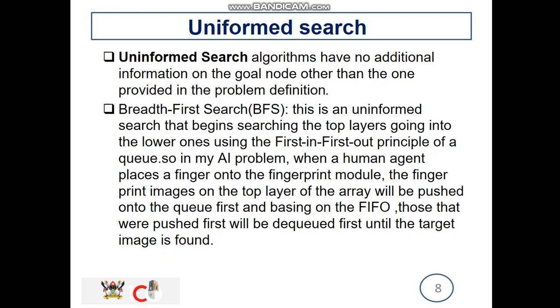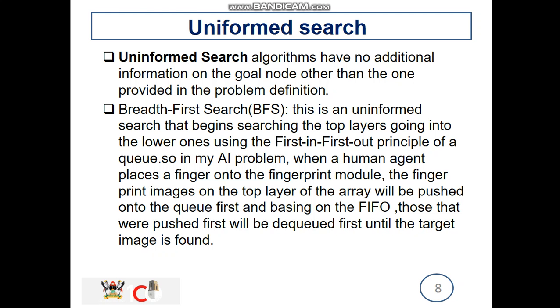Here I chose the breadth first search, and under breadth first search, the system begins with the top layers going into the lower ones. It uses FIFO, that is the first in first out principle of a queue. If I connect that to my project, when a human agent places a finger onto the fingerprint module, the finger images on top of the array will be pushed onto the queue first.